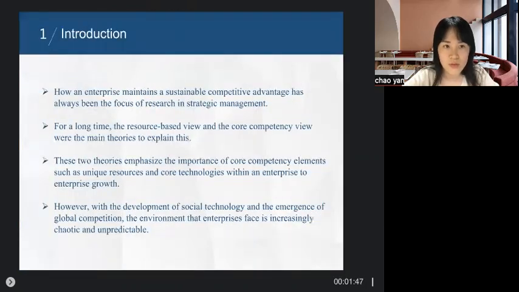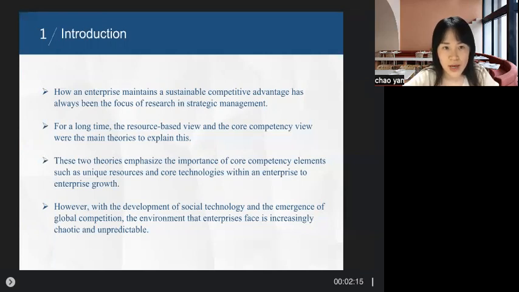First, introduction. How an enterprise maintains a sustainable competitive advantage has always been the focus of research in strategic management. For a long time, the resource-based view and the core competency view were the main theories to explain this.